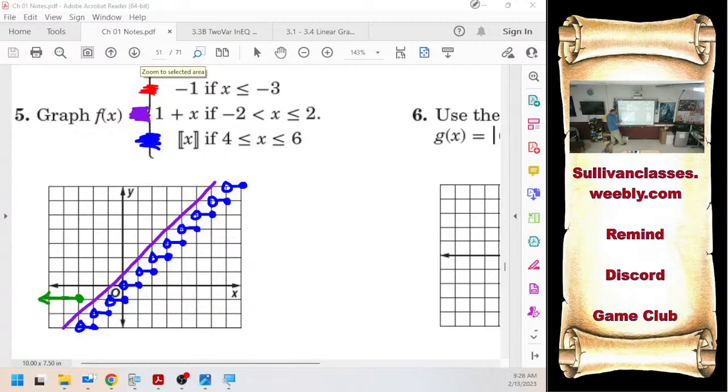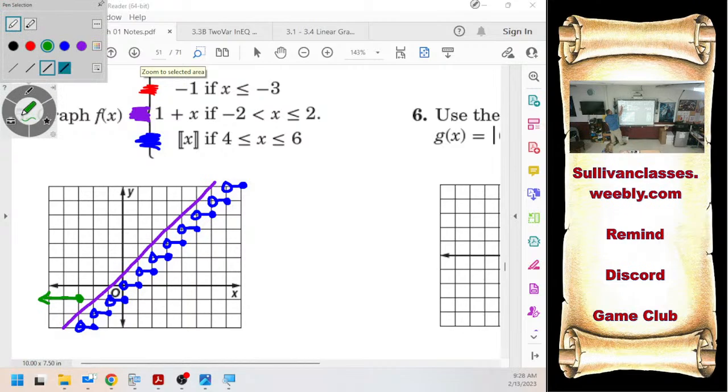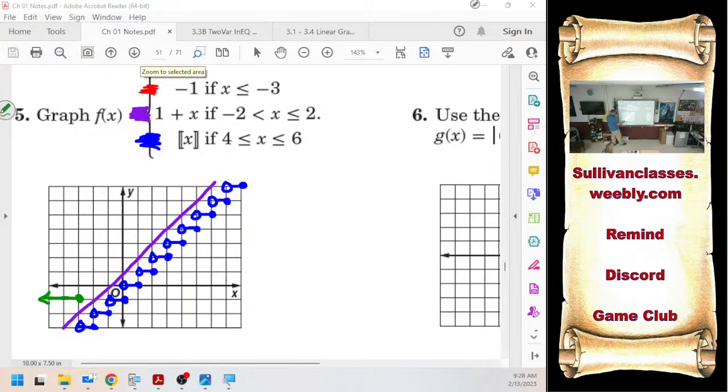Get rid of the rest. I'm going to go to the green line. I only care about the green line when? -2 all the way to +2. There's a gap in it.